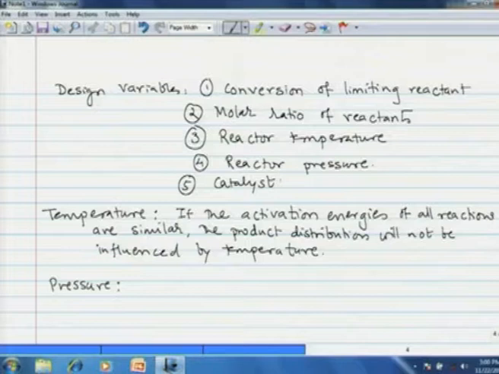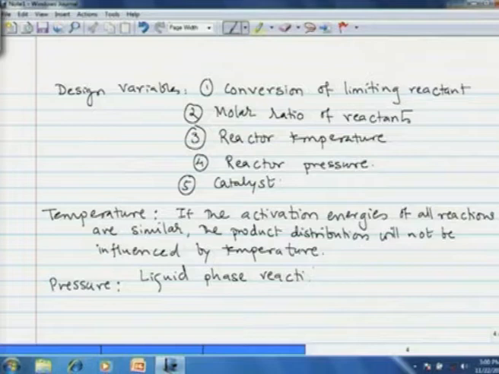So, that point we note. Liquid phase reactions are relatively insensitive to pressure because liquid properties are relatively insensitive to pressure. I am using the word relatively because in case of very high pressure there could be a significant effect.